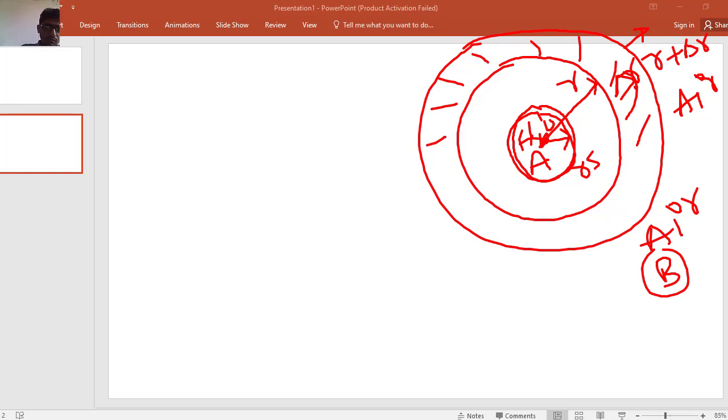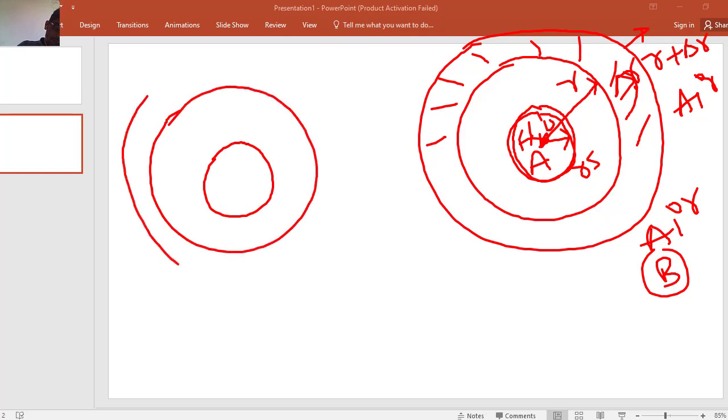So this is the droplet, this is the surrounding air.